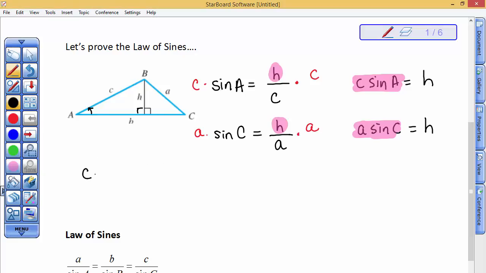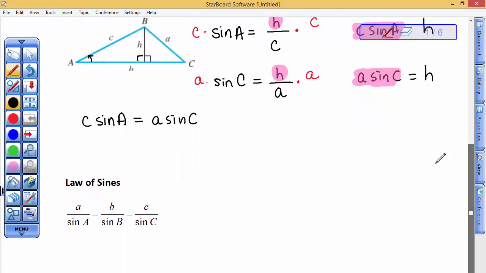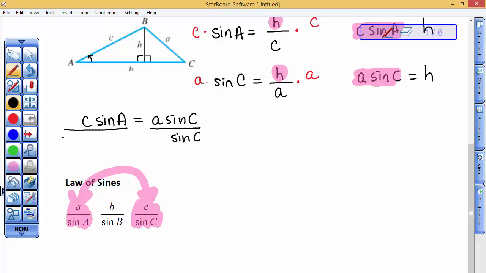So I can now say that C times the sine of angle A would equal A times the sine of angle C. And to get this portion of the law of sines, just these two pieces, because it's an equation with one equal sign, I'm going to divide both sides by the sine of angle C, doing the same thing to both sides.